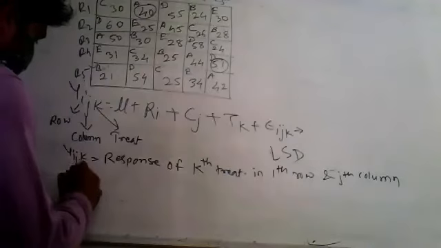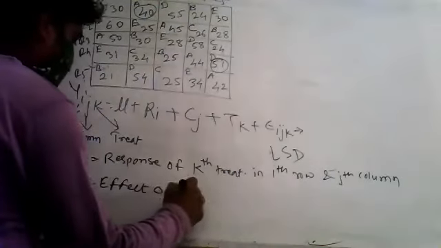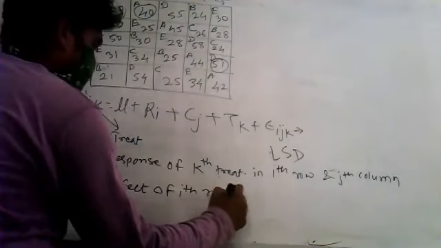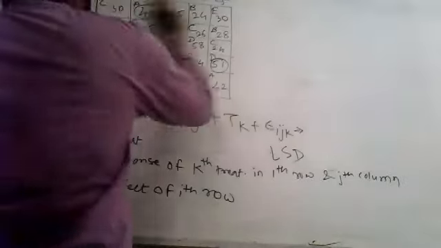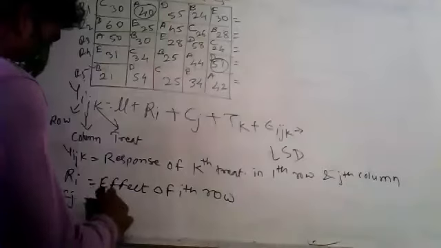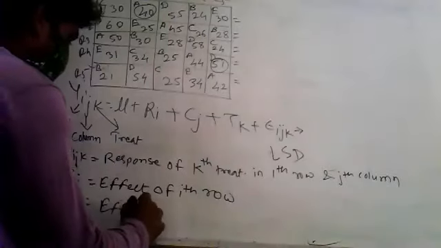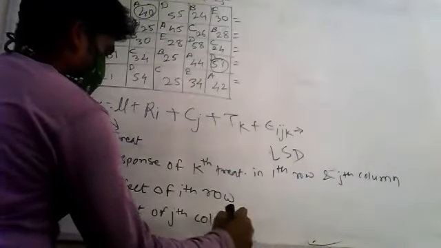Now, mu is the mean. You know, Ri is the effect of ith row. You will get some total here. If you add these values, it is the effect of ith row. Cj is the effect of jth column.